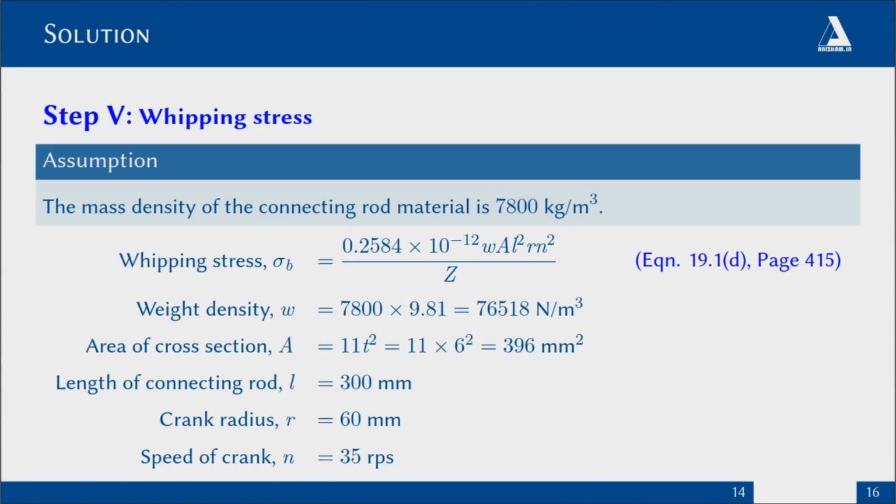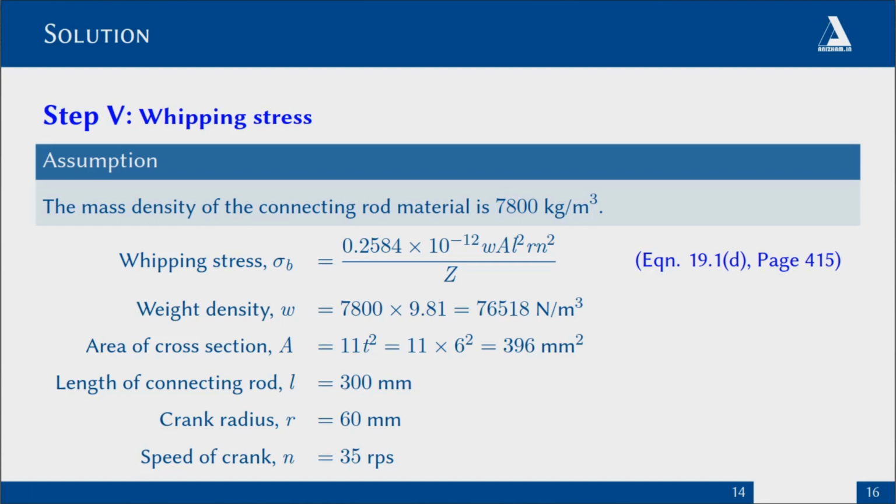And the relation for the whipping stress is sigma b equal to 0.2584 multiplied by 10 raised to minus 12 w A L squared r n squared divided by Z. This is given as equation 19.1d in page number 450. In this relation, w is the weight density, that is 7,800 multiplied by 9.81, that is obtained as 76,518 Newton per meter cube.